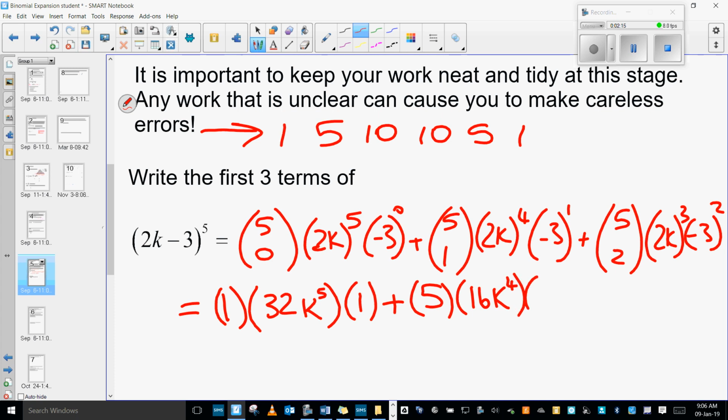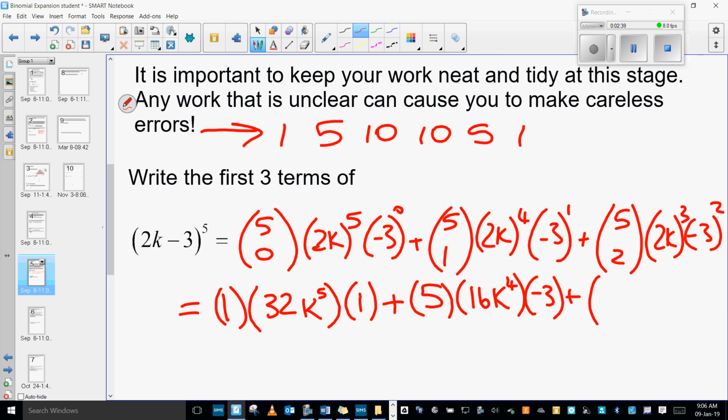Now also here, I'm keeping it in a bracket because I'm reminding myself that I'm not taking away 3. That's another thing sometimes people get confused with when it comes to these, is they start forgetting that you're multiplying these things together, okay? And then plus, 5,2 would be the number 10.